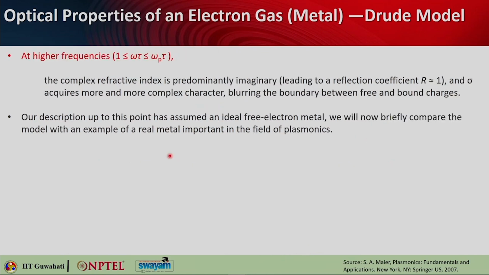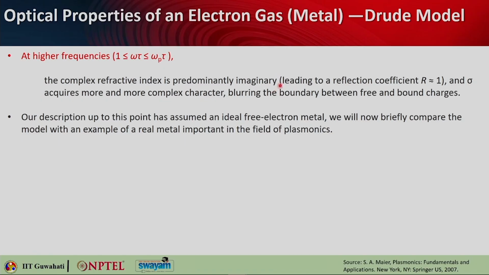Now, if you look at higher frequencies, that is the case when omega tau is larger than or equal to 1, but smaller than or equal to omega p tau, in this range of frequencies you will see the complex refractive index is predominantly imaginary.